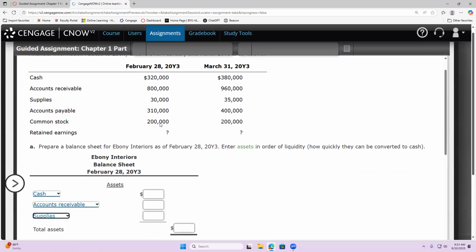And since we're doing February, I'm going to use this February column. So what we got there, 1,150,000. I could do that one in my head. If it gets any more complicated, I'll be in trouble.